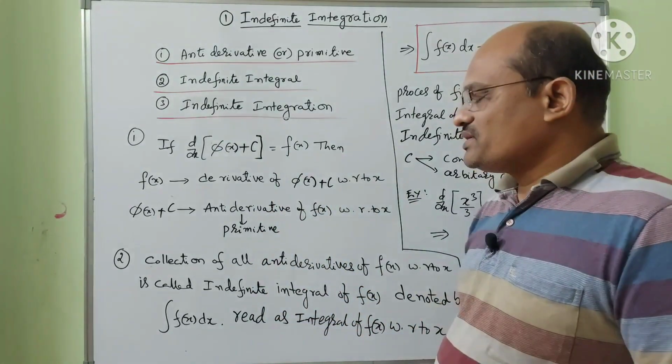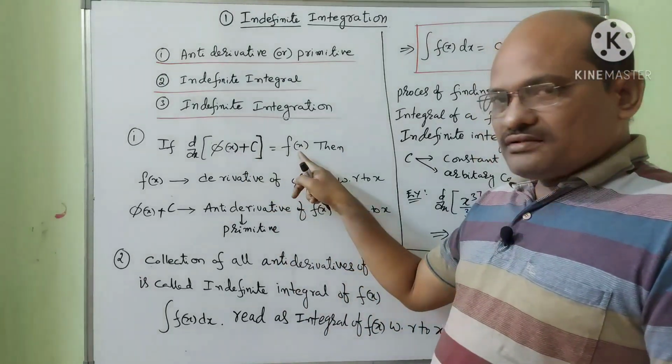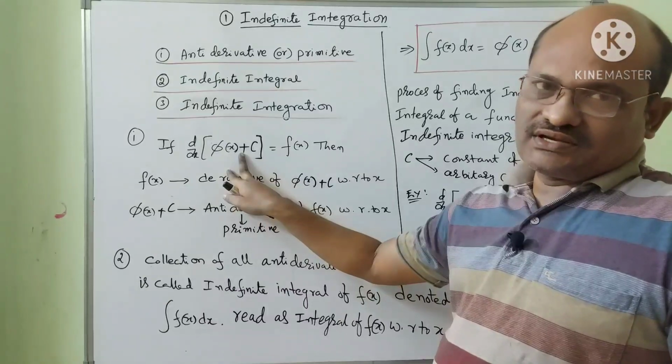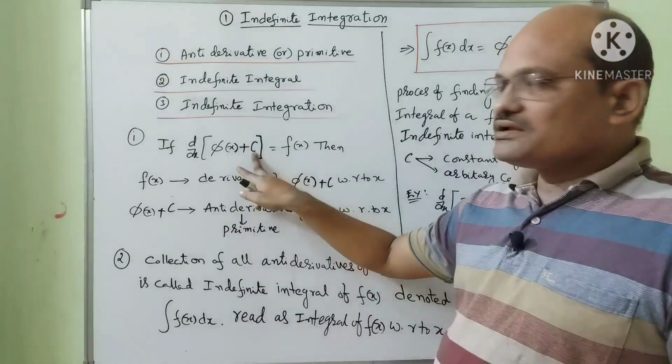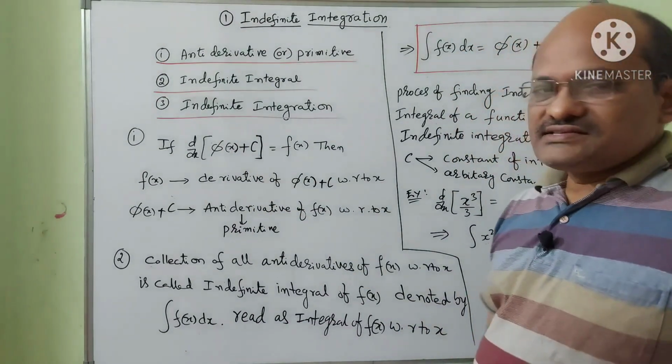That is the first one. Number 2, for this f of x you will get many number of antiderivatives depending on the constant. If you take different constants, you will get different antiderivatives. That is the second one.